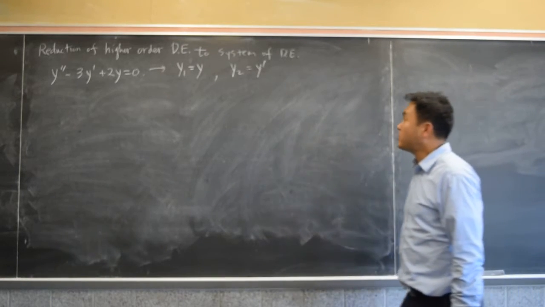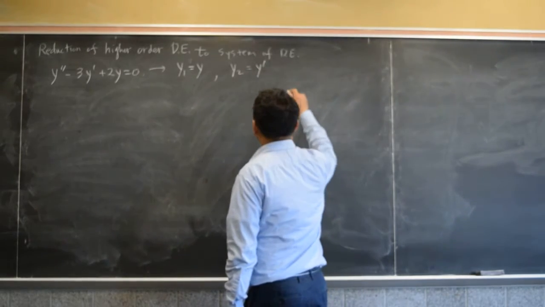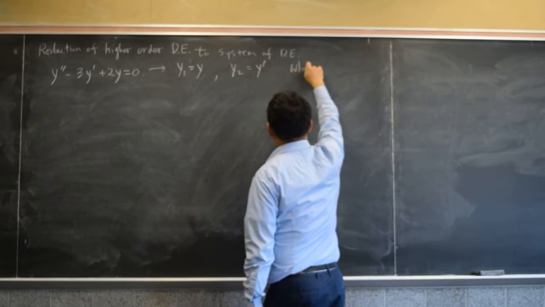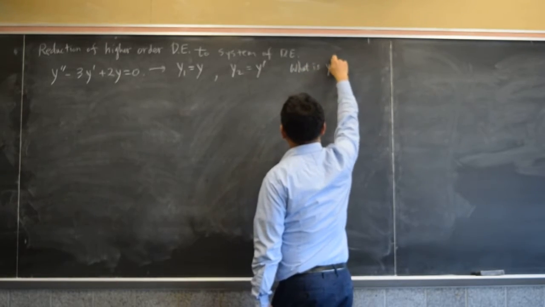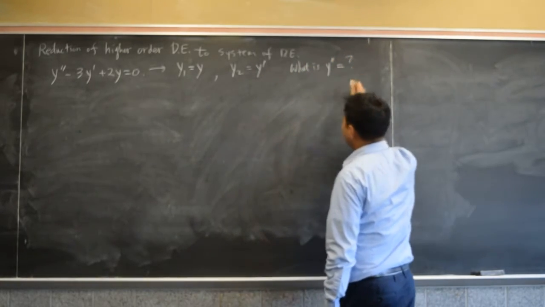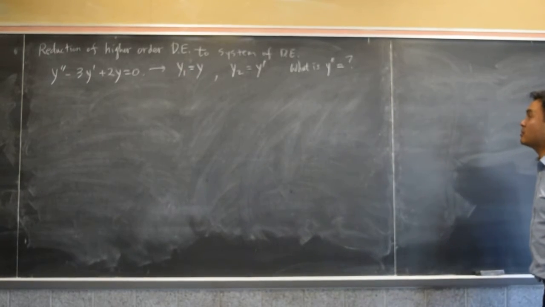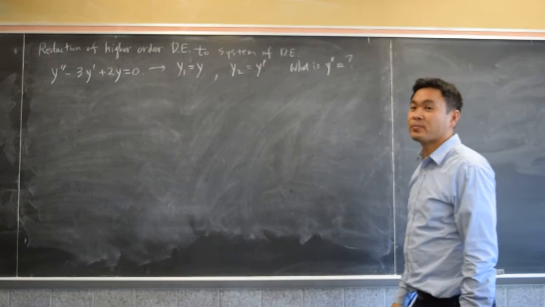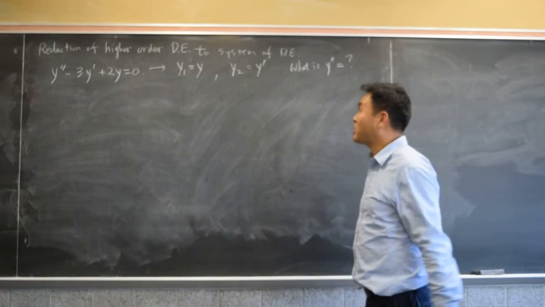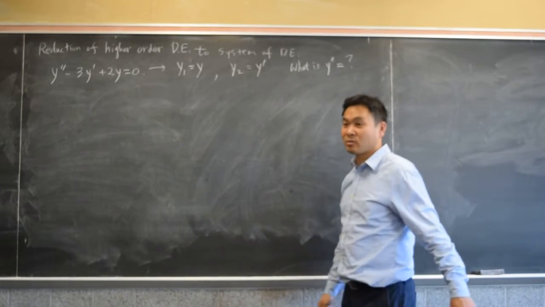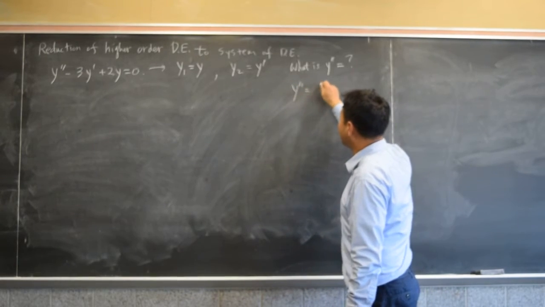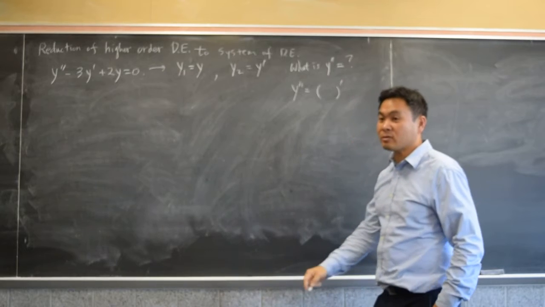Now if you do this, then the question is, what is y double prime equal to? Instead of using y3, you just want to use y1 and y2. So y double prime is the derivative of what? Derivative of y2.